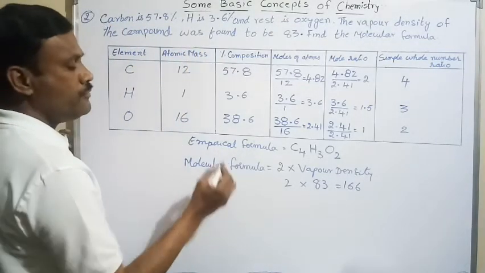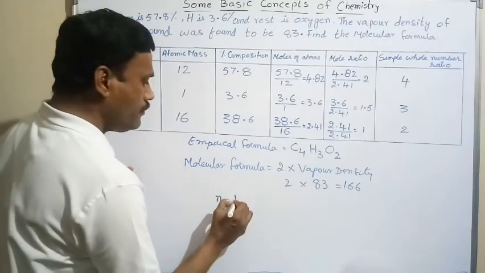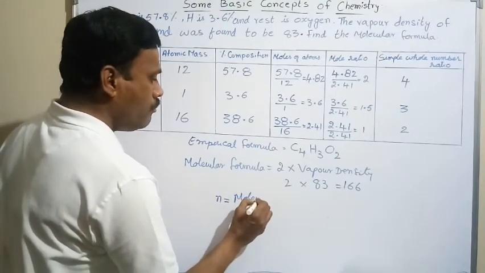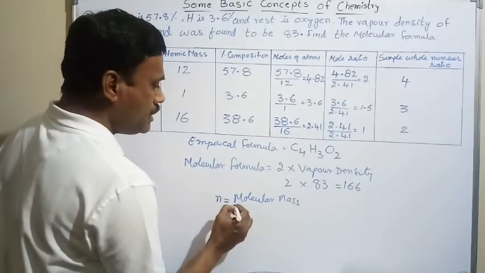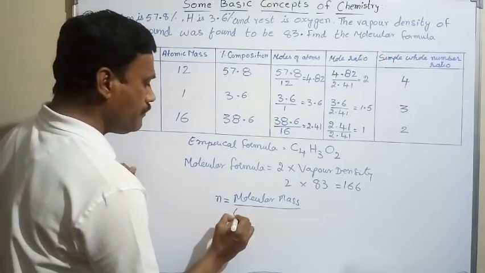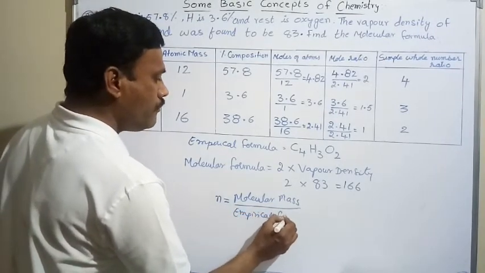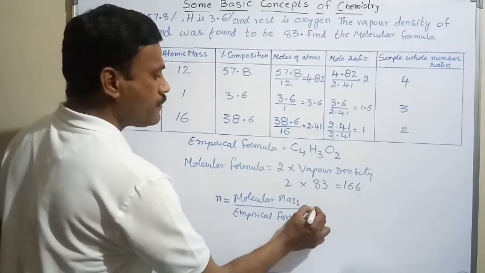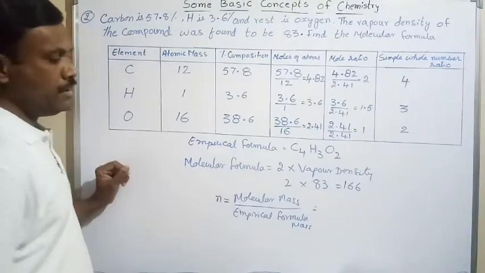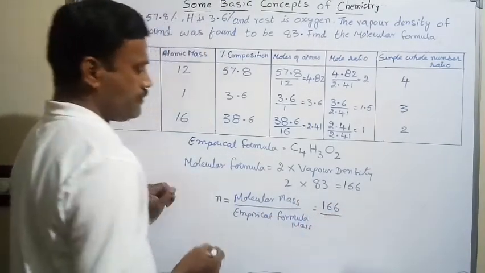To find the molecular formula, N is equal to the molecular mass divided by the empirical formula mass. The molecular mass is 166.